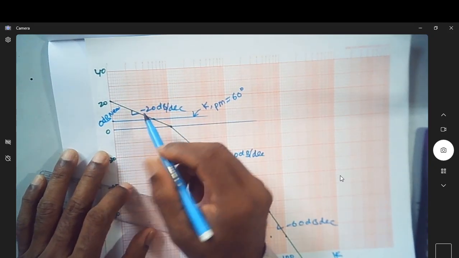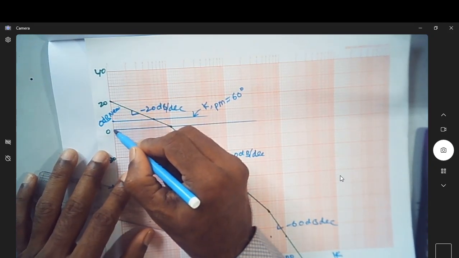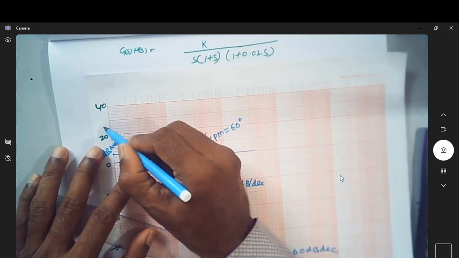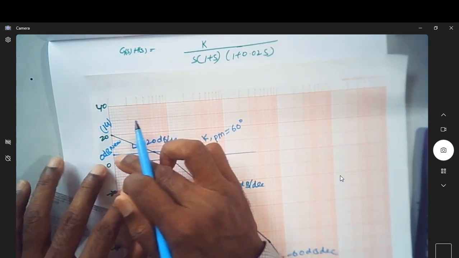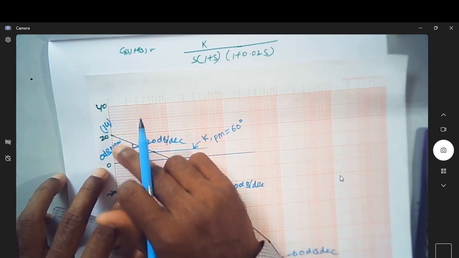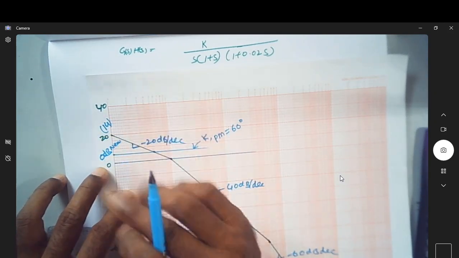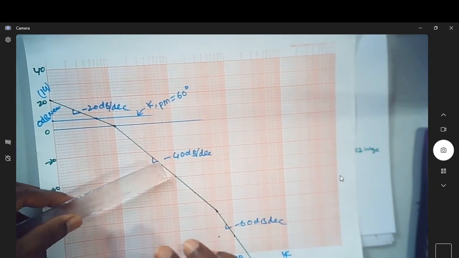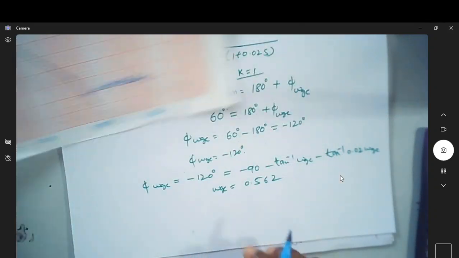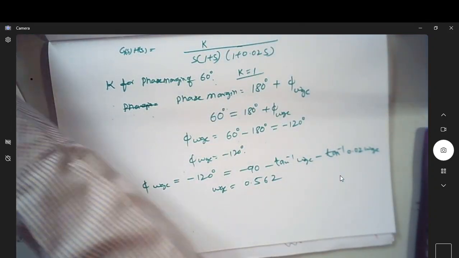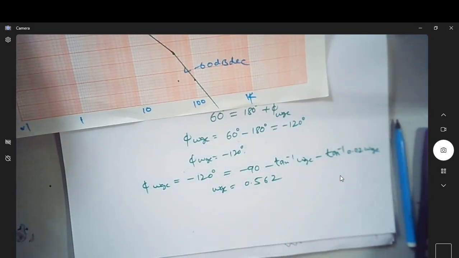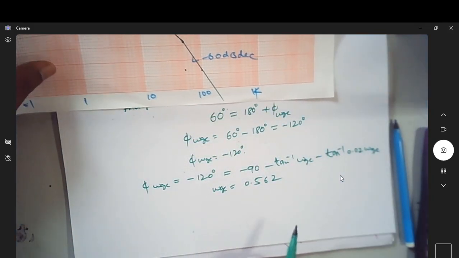Since it went by 6 dB, will this 20 also become 14 dB? Because you are shifting up by 6 dB, this will also reduce by 6 dB. So it is 14 dB. Now we have plotted the graph also. Now this is the magnitude at origin. So let us do that.